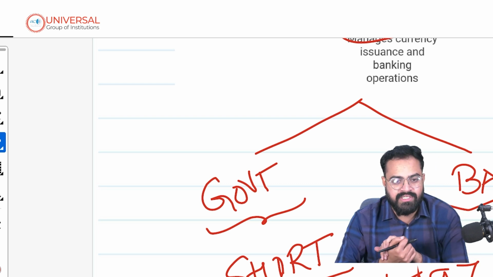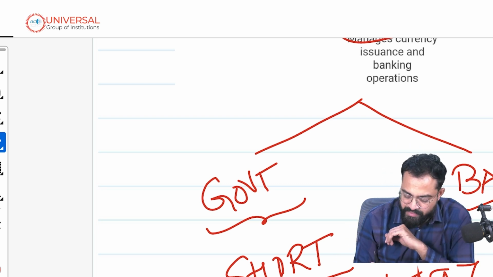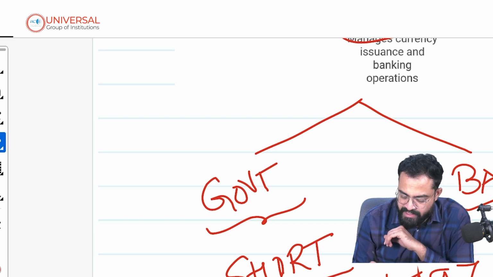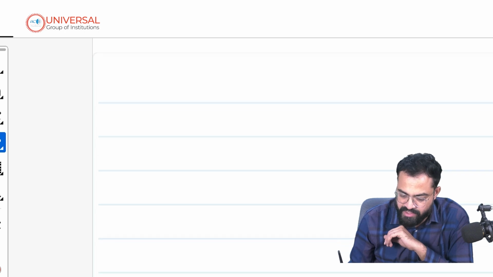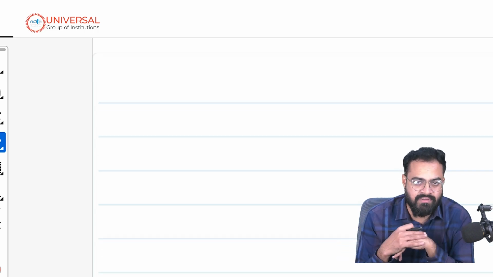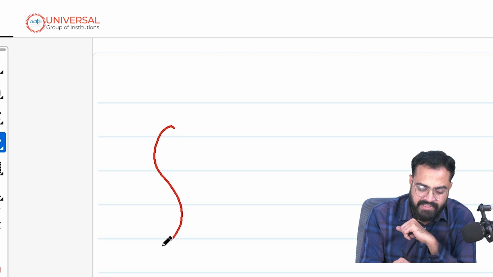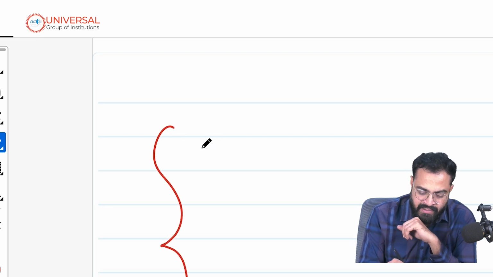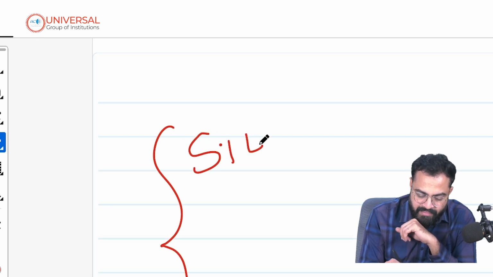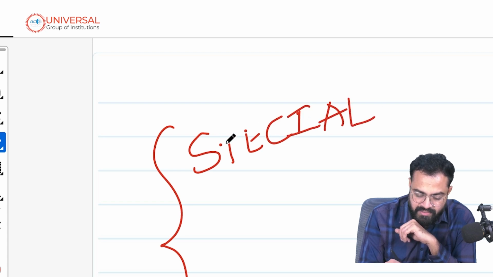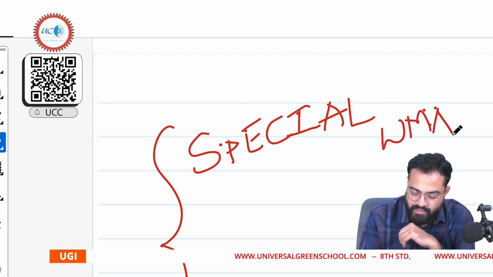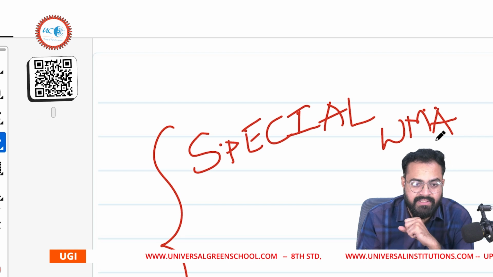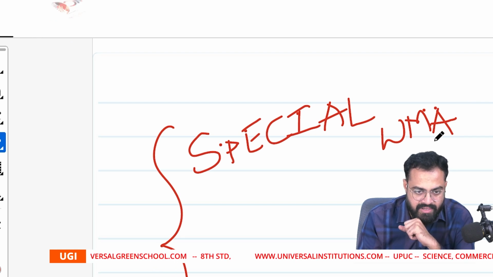Instead of ad hoc treasury bills, we came up with the ways and means advances. So what exactly are the ways and means advances? How are they going to ensure the liquidity needs of a government? Here we have three kinds. One is special WMA, also called the SDF, special drawing facility.